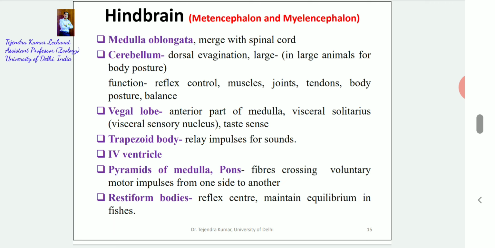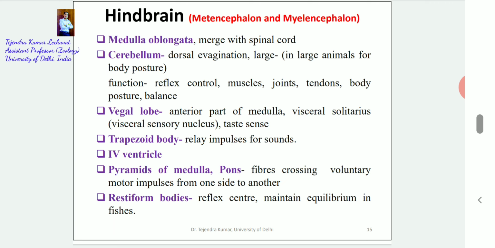The cerebellum is the dorsal evacuated portion, and it is large in higher animals, and it is related to our body posture, meaning it identifies how we are standing, how we are sleeping, and what we are doing.